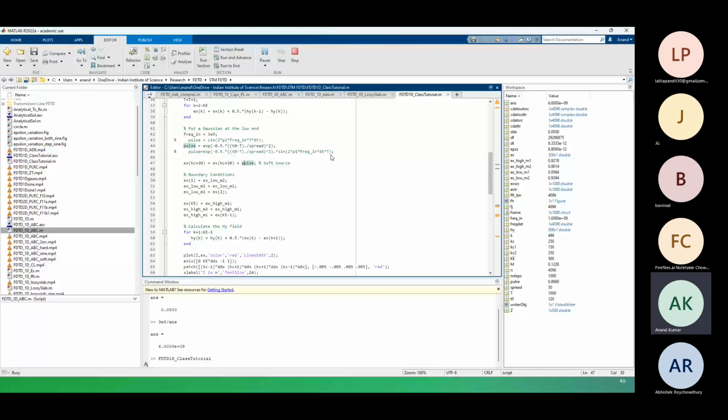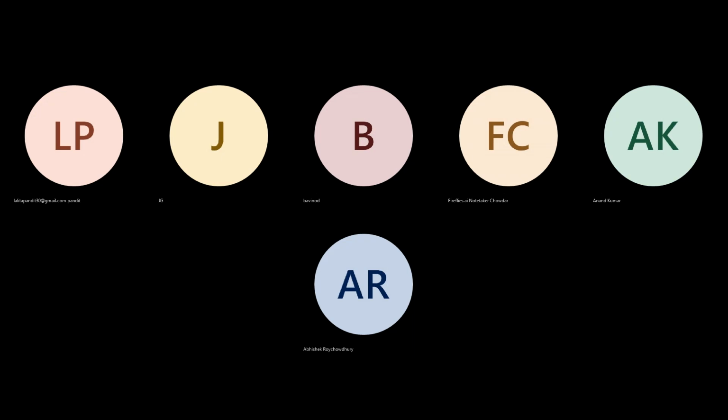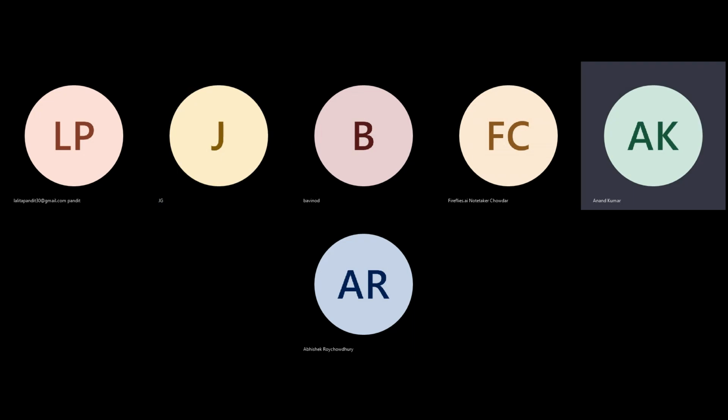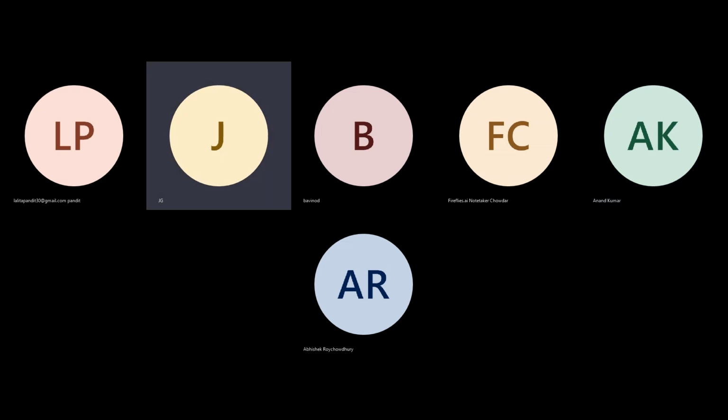Are you able to see the simulation? No, I can't see the animation. Okay, let me stop and share my screen again. I'll share the entire screen now. Can you see it now?